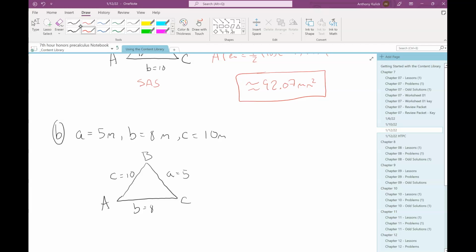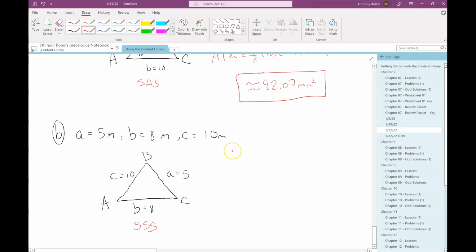What scenario are we in here? Side, side, side. So what do I need to do first? Oh, solve for S. Nope. Gotta do something before I do that. Make sure it's a triangle. Right? Side, side, side doesn't guarantee that it's a triangle.